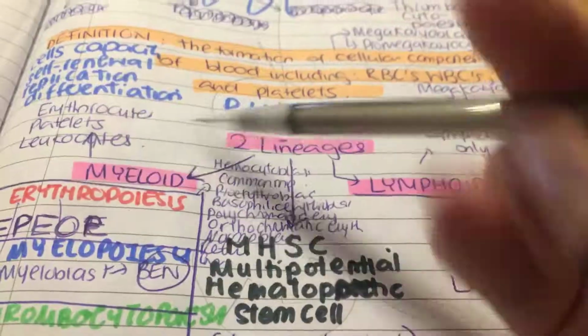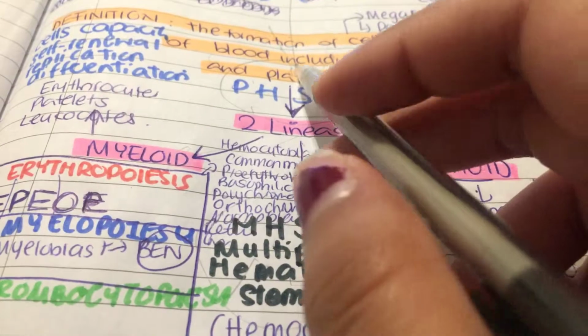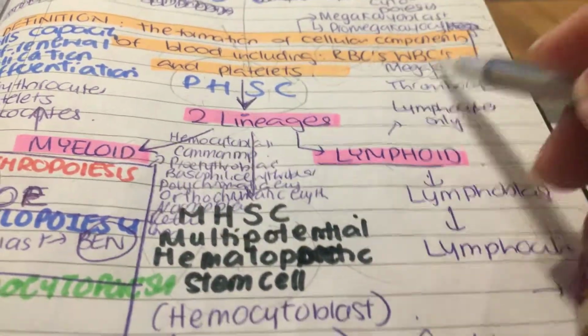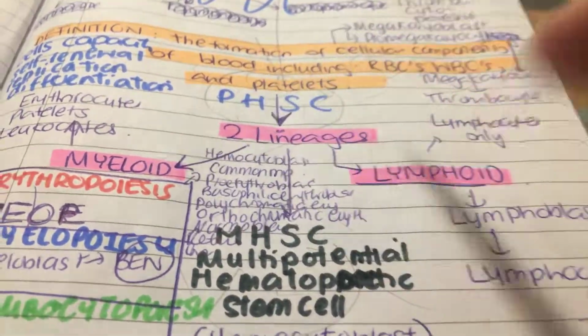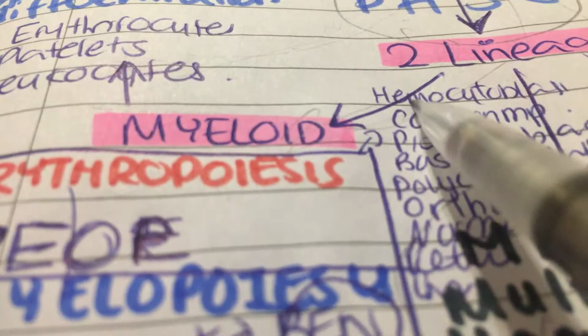Now, there are two specific lineages that we need to know for these big brothers. We know that red blood cells' official name is erythrocytes, white blood cells' official name is leukocytes, and platelets' official name is thrombocytes. Now, there is a myeloid lineage and a lymphoid lineage.